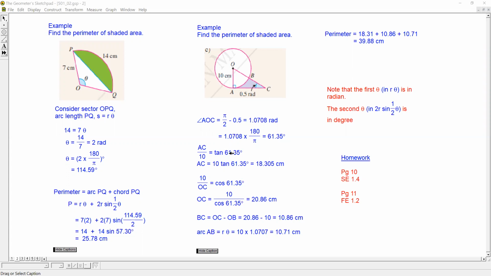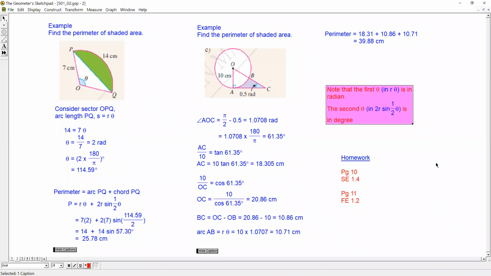Because if you use trigonometric ratio, then you have to use degree. If you use the arc length or the sector formula, you have to use radian. So you find these three lines, AB, BC, AC, then add them up. When you add them up, you get 39.88 centimeter.